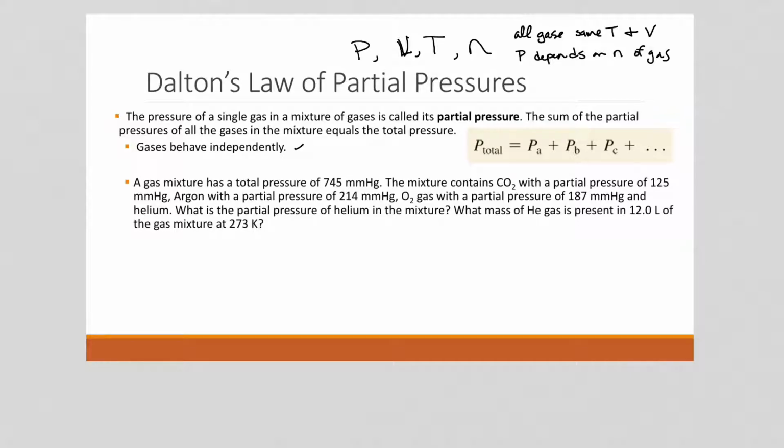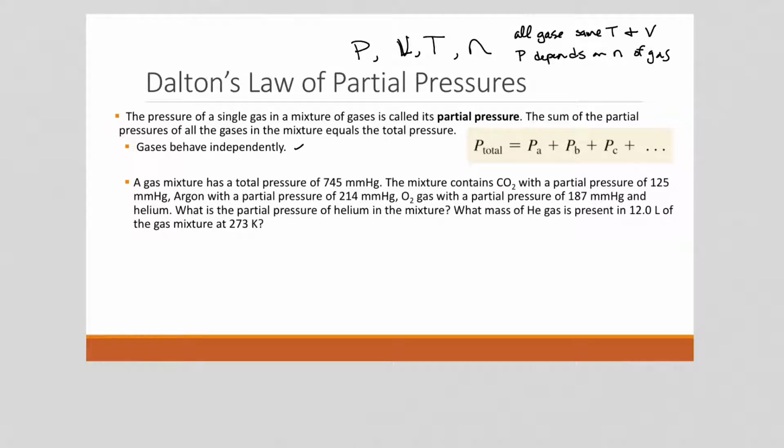So we can come up with an equation that relates the total pressure of a gas sample to the partial pressures of the individual gases. The partial pressure is the pressure of a single gas in a mixture of gases. And of course, if you add up all the partial pressures, they will equal the total pressure. This is what's known as Dalton's law of partial pressures.